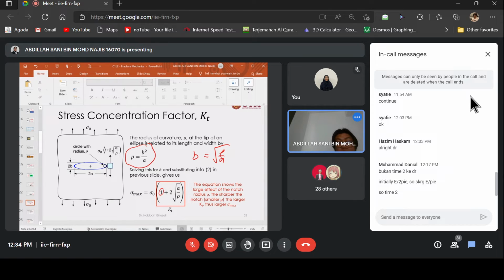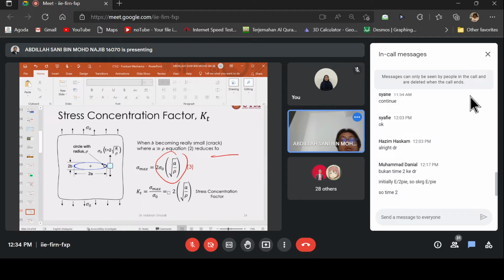So Kt is equal to this, a over the curvature, rooted. This is for very small b, which is the crack. So the stress concentration factor is now reduced to this equation.